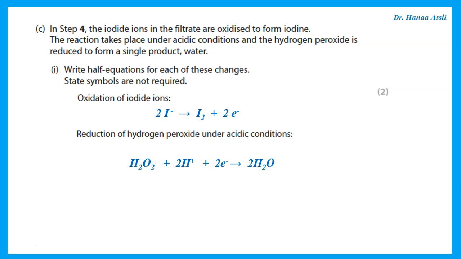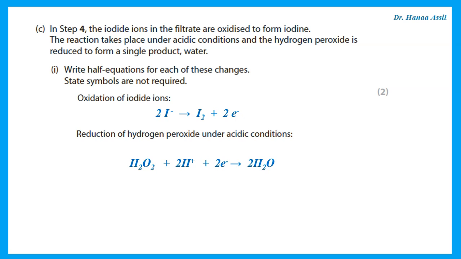That means I'm starting with H2O2 plus H⁺ to give H2O, and you need to balance. So we'll need 2 water after the arrow. If I have 2 water after the arrow, I've balanced the oxygen because I need 2 oxygens before the arrow, so I have to put 2 in front of the water after the arrow.